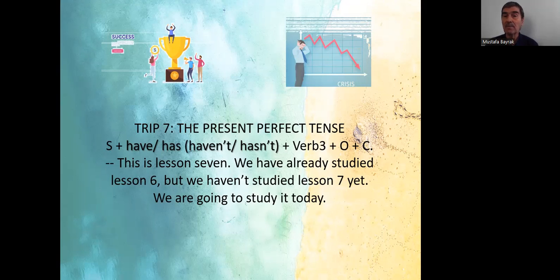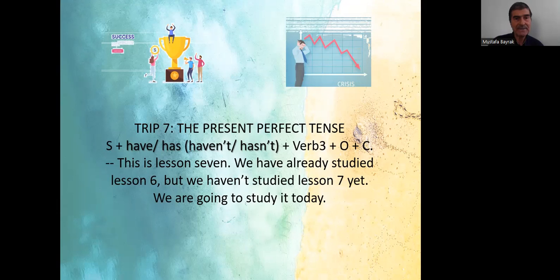So this is the first time that we will focus on verb 3. Not verb 1, not verb 2, but verb 3. And then, of course, each verb requires an object, and we also need a time expression, a place expression, or a manner expression.